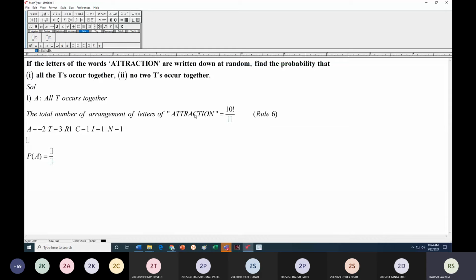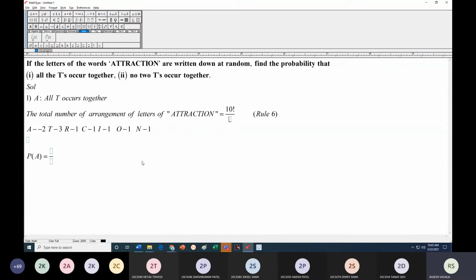N occurs one time. एक वर्ड मिसिंग है, कौन सा? A, T, R, C, हाँ O. Okay, wait a minute. So O occurs one time.